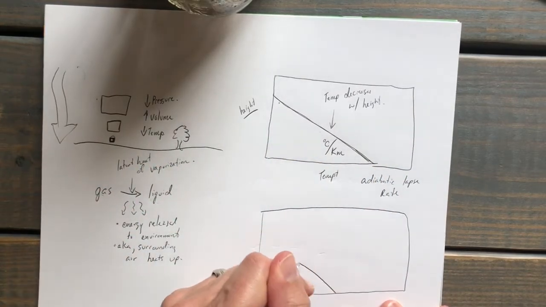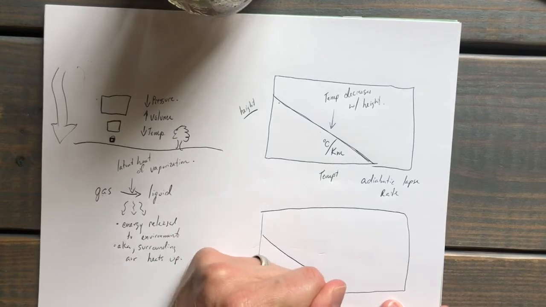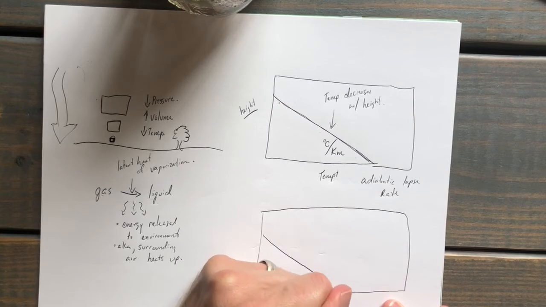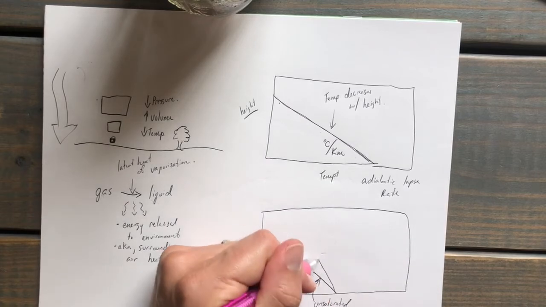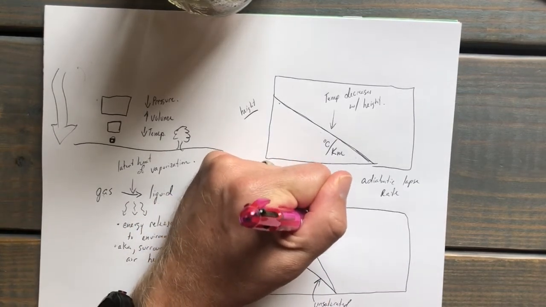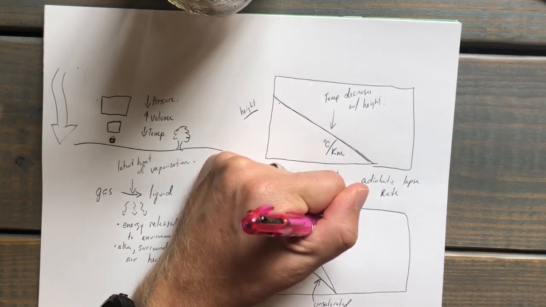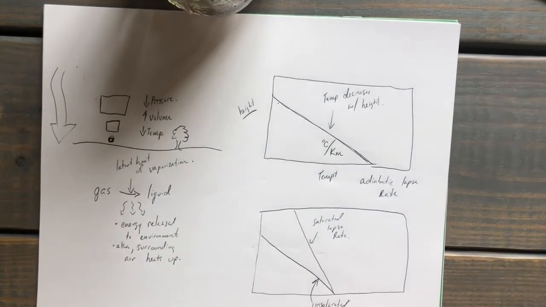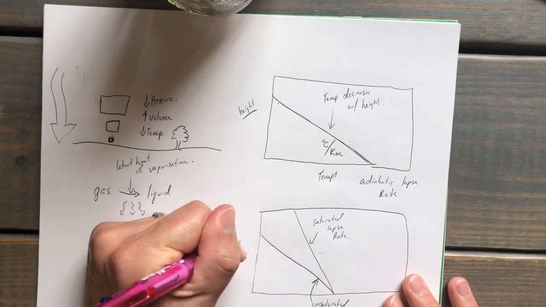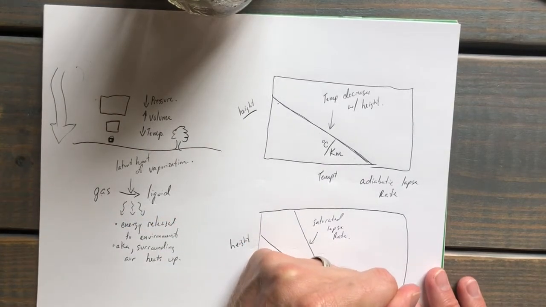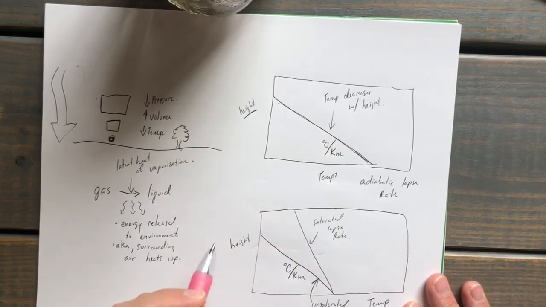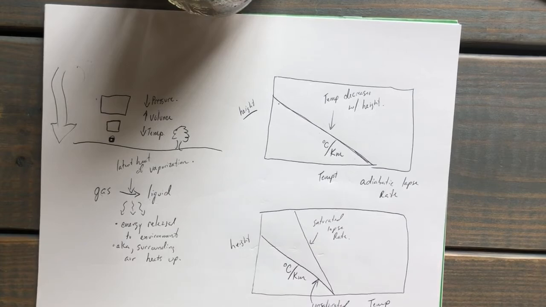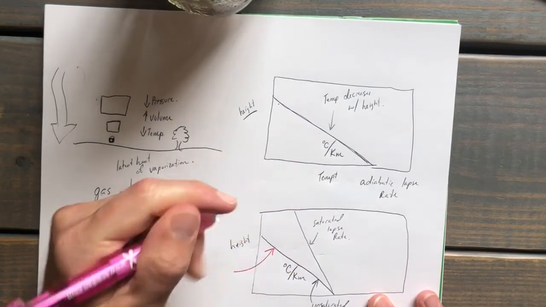If we were to compare the unsaturated lapse rate, the saturated lapse rate will be different. Now, since this is height and temperature, but we express it as degrees Celsius per kilometer, let me flip pens here.